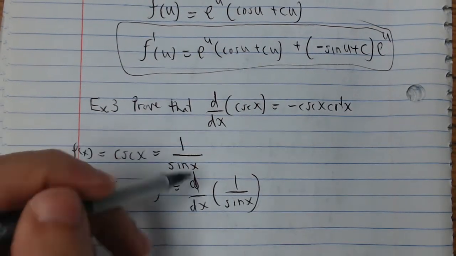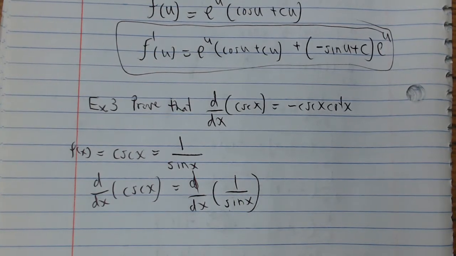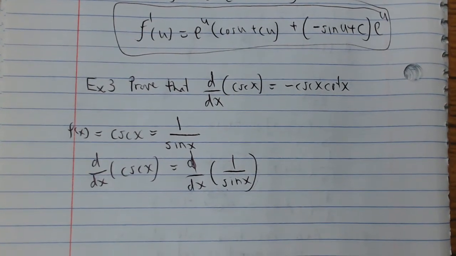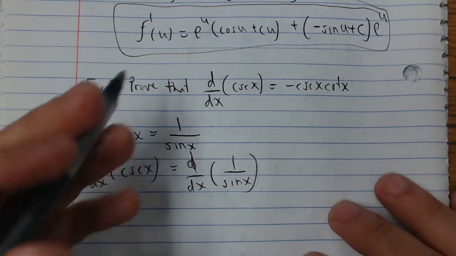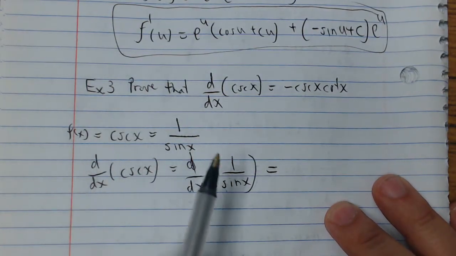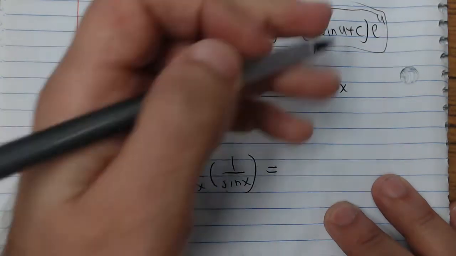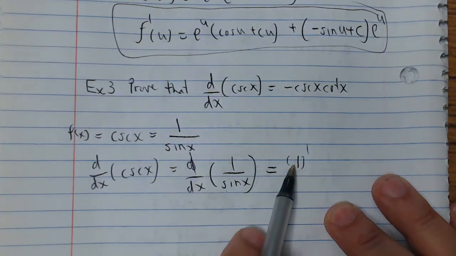Now if you look at this, what have I written this as? I've written this as a quotient. So as a quotient, how would I find a derivative of this? I would have to use the quotient rule. So what would that be? Remember, we talk ourselves through this: the derivative of the top, so I'm going to put 1 prime. I'm not saying 1 to the power of 1.